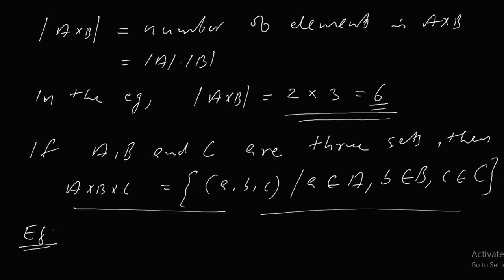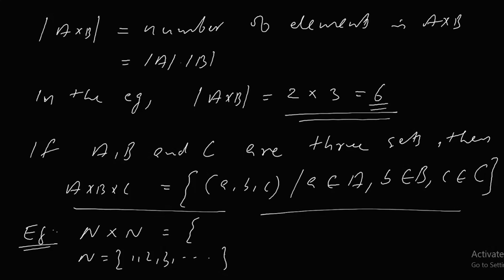For example, you can take N cross N. What is this? N is the set of all natural numbers, so we know that N is equal to 1, 2, 3 up to infinity. So what is N cross N?